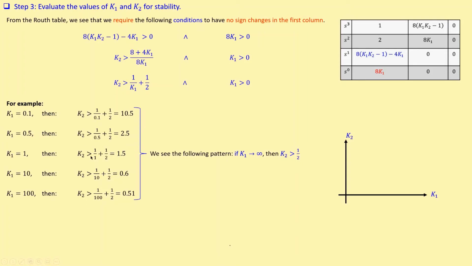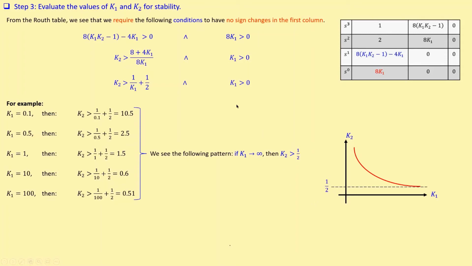It's also seen in this analysis using these examples. So what we can say is K2 will have a shape like this red curve. It will also have an asymptotic line because it can never be smaller than 1 over 2, 0.5. So that means there is an absolute minimum, and I cannot go under this 0.5.